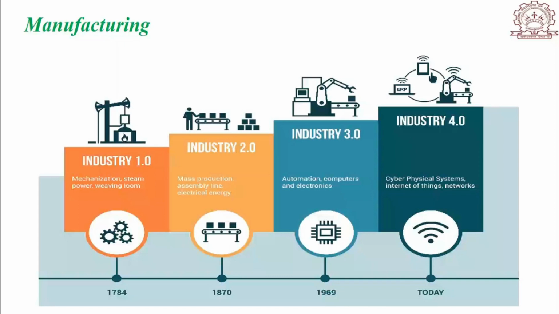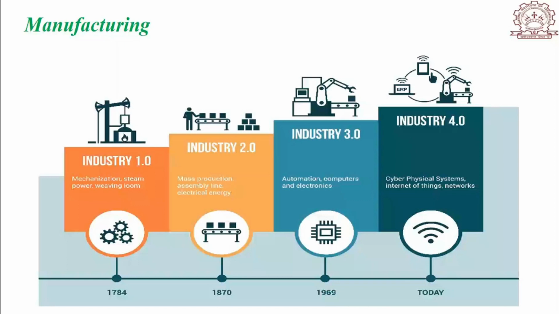After about 100 years, around 1870, there was mass production, the assembly line, and electrical energy. Then automation and computers came around 1969, and electronics with the computer revolutionized the industrial sector from the second stage to the third.